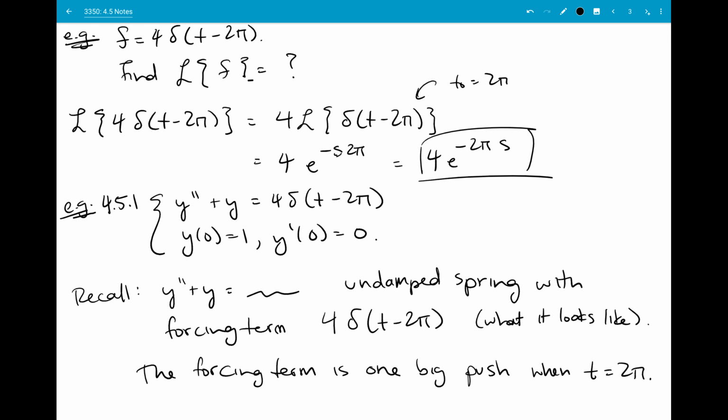And so you imagine you have the spring that would run normally, and then when t equals 2 pi, for some reason, you just shove it really hard. And that's the physical idea of this equation that's in front of us, even though it wasn't told to us as a word problem. And nothing else. So between now and the next video, maybe think about what you think a solution will look like, and then we'll proceed with the solution from here.